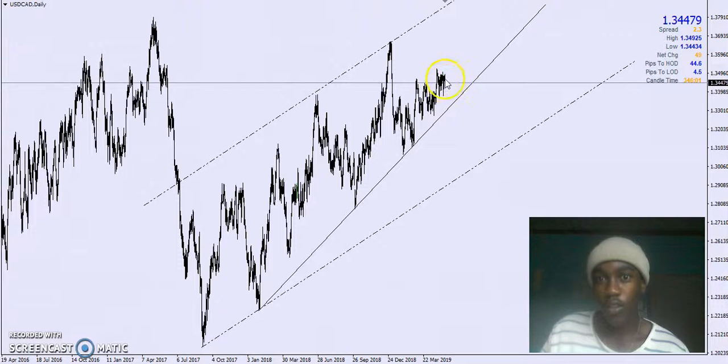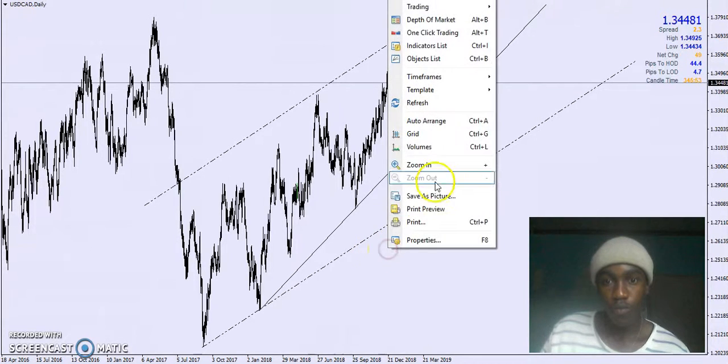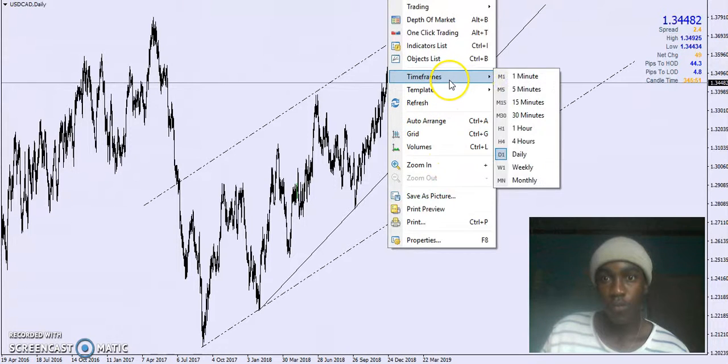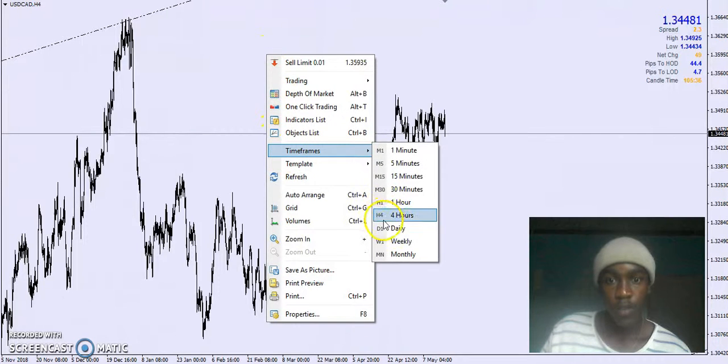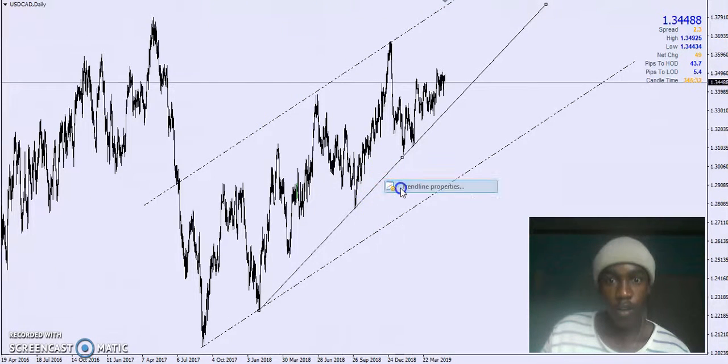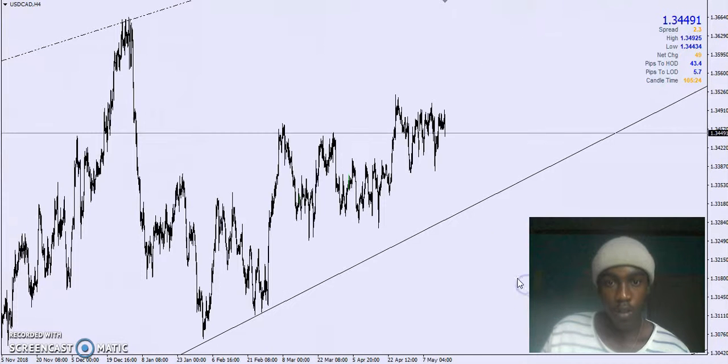It's actually approaching, because if we go to the 4 hour, I'll just make it appear on the 4 hour too. Time frames, 4 hour.